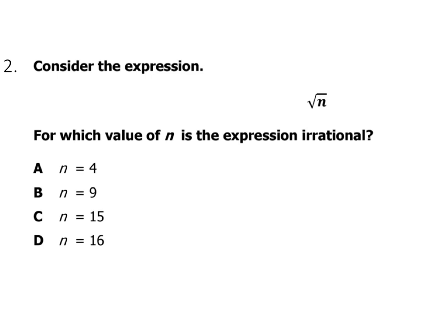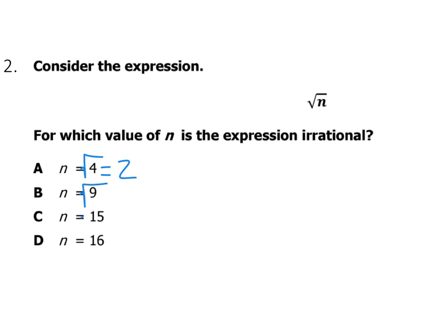On number 2, consider the expression, the square root of n. For which value of n is the expression irrational? So your square root of n, you're going to look and see n equals 4. Well, if you take the square root of 4, that reduces to 2.